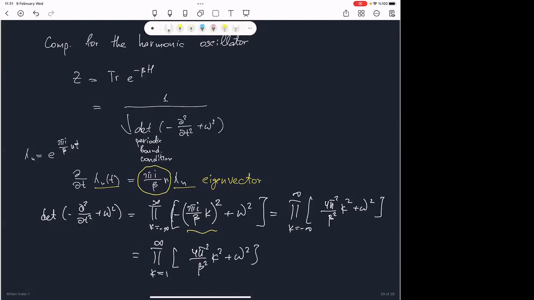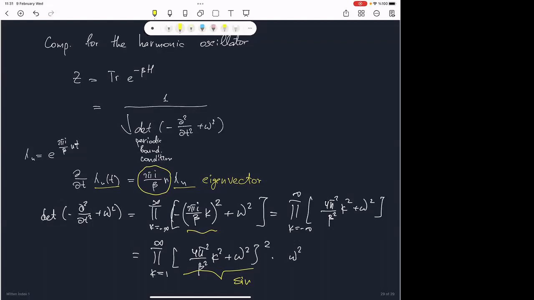What we need to check separately is k equals 0, where we have only omega squared. Now this piece you can write via the sine function. But since k runs from 1 to infinity, you have some divergence.